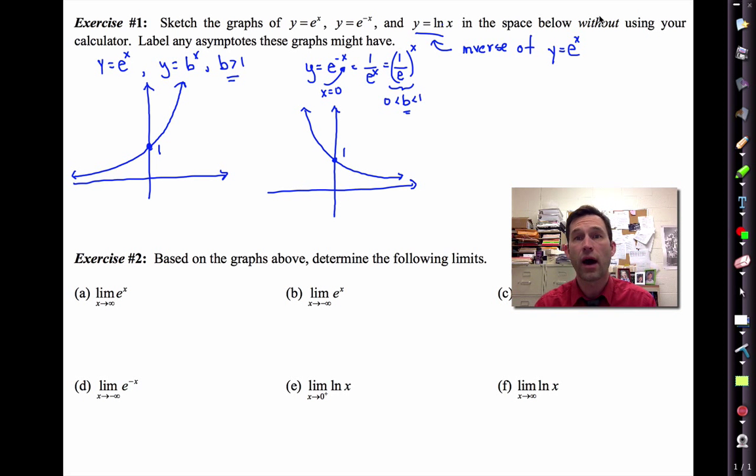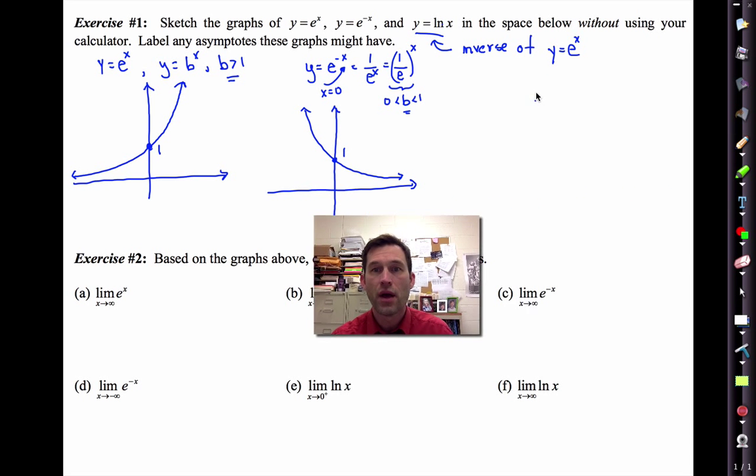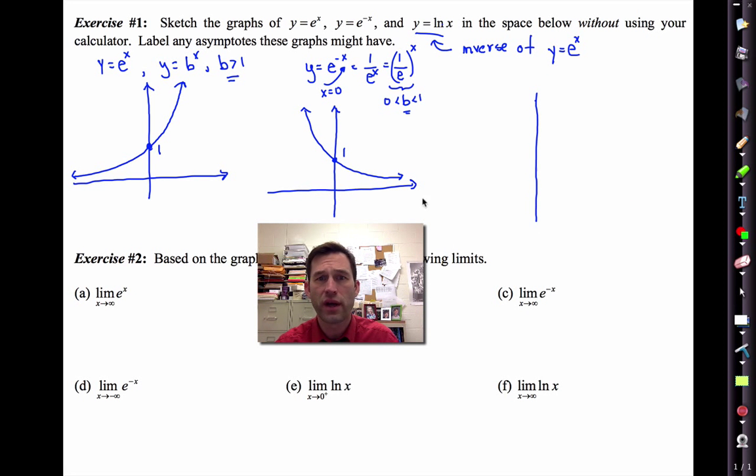Inputs become outputs, outputs become inputs, x-intercepts become y-intercepts, y-intercepts become x-intercepts, etc. So I could actually create a table of values if I really needed to for this logarithm function. One value that I know on there immediately, because I know the point 0, 1 lies on the graph of y equals e to the x, then I know that the point 1, 0 must lie on the graph of ln of x.